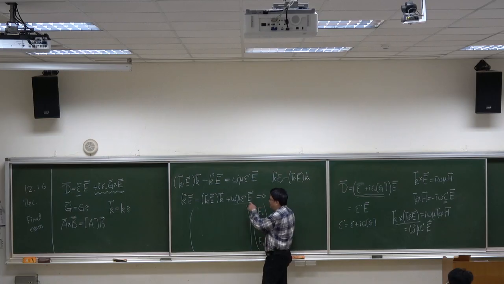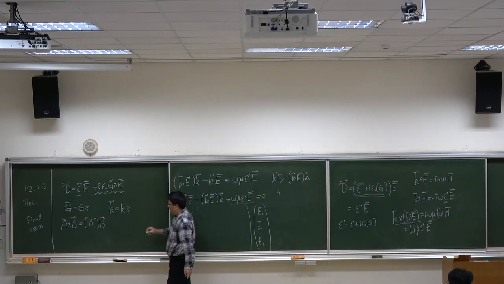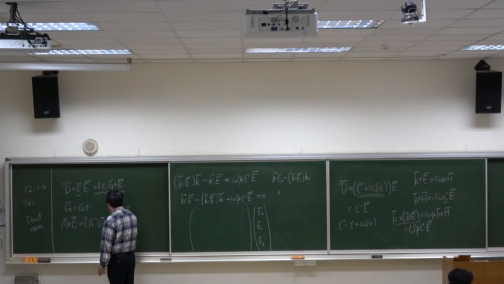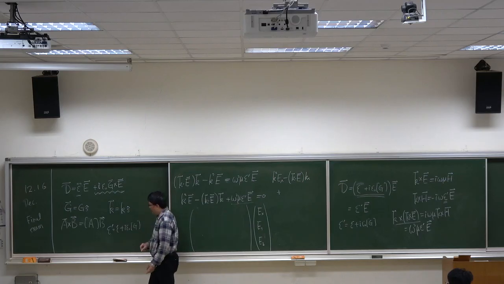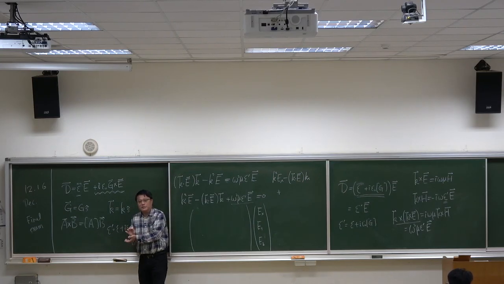However, now since epsilon prime becomes epsilon plus I epsilon 0 times g, now epsilon prime is not a diagonal matrix.